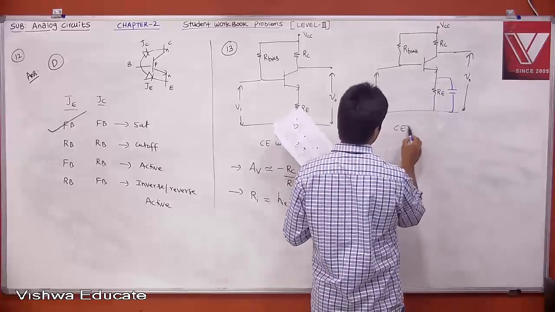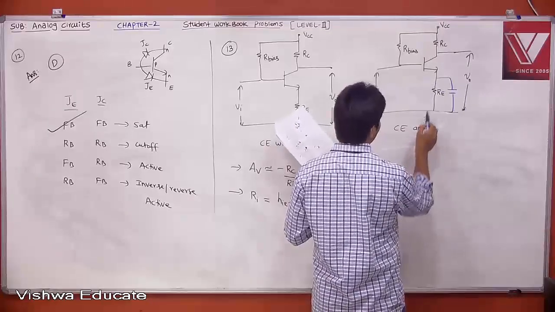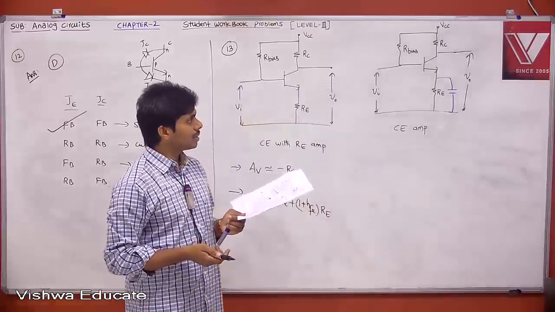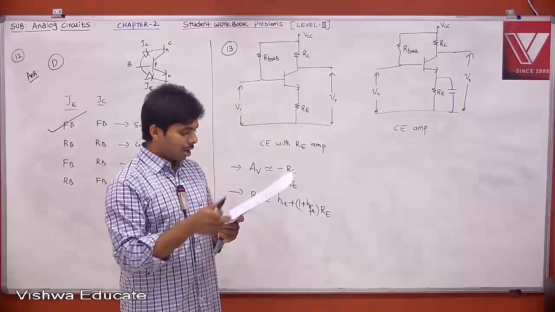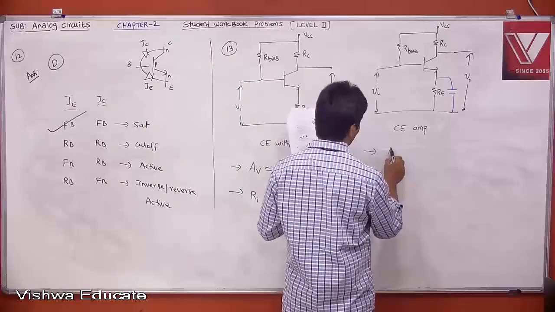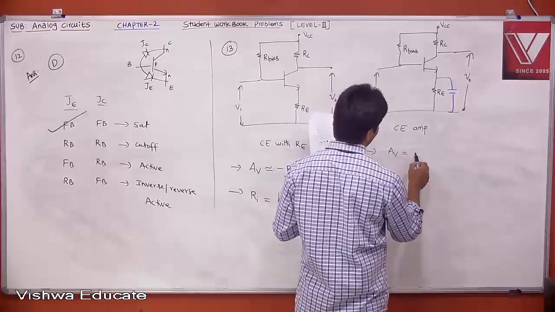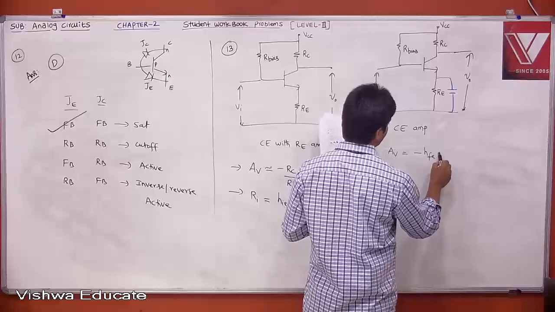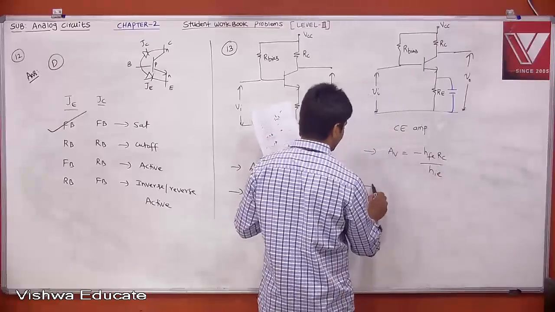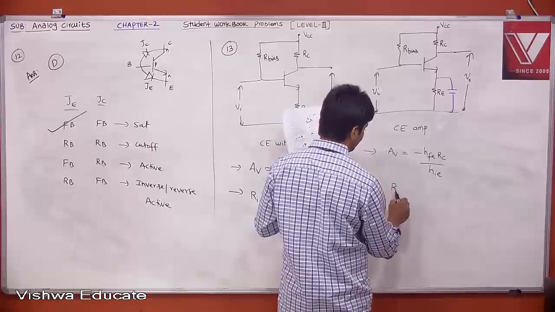In AC analysis, this is simply a CE amplifier. Now there is no feedback in AC analysis, feedback is present only for DC analysis or operating point. But now the problem is related to AC analysis. Then tell me what is the voltage gain for a common emitter amplifier. Your voltage gain is nothing but minus HFE into RC divided by HIE. I am taking the simplified model. Then what is our input impedance?